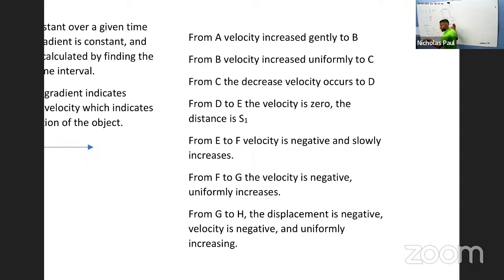It means that you're going on the opposite side of where you start, right?